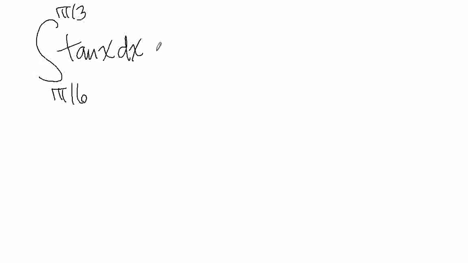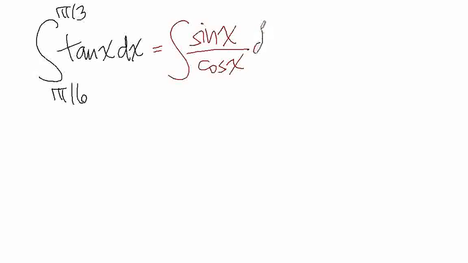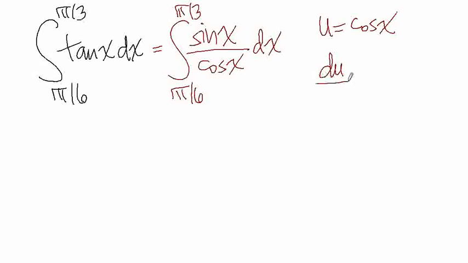All right, so I'll go ahead and solve this. Let me first rewrite the tangent function as the sine of x over the cosine of x. And let me now try a u substitution with u equal to the cosine of x. And so the derivative of u with respect to x is minus the sine of x.